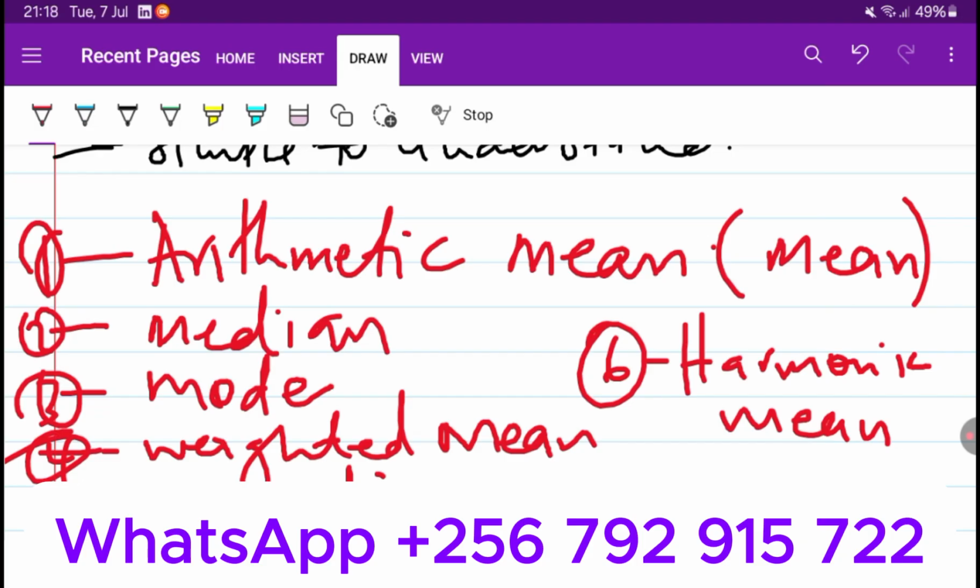So if you don't understand how we compute the central point, it is going to be a little hard for you to grasp the other aspects.